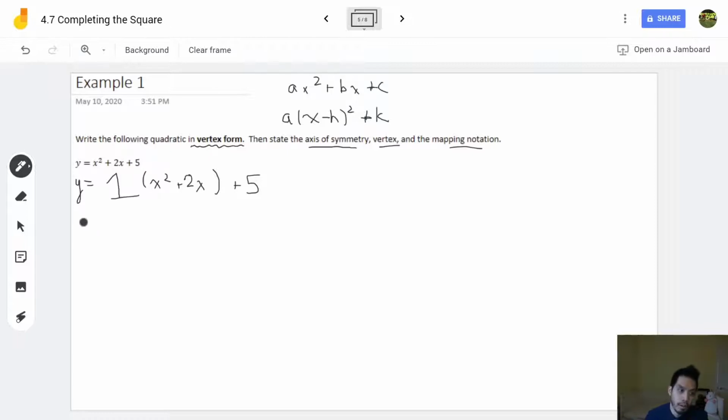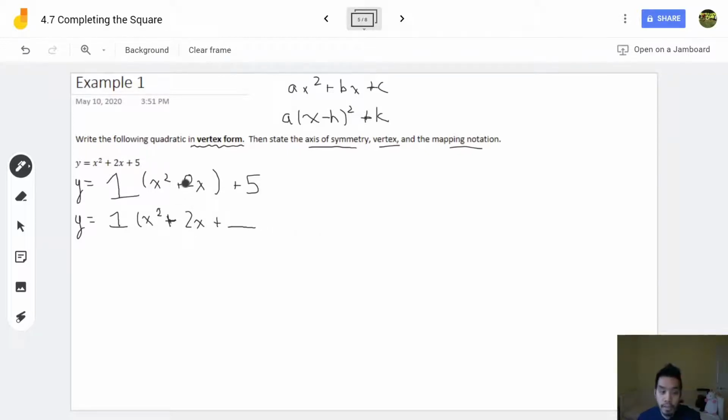So I'm going to create a perfect square trinomial by adding a number here, because right now it's only a binomial. I'm going to have to add a number in order to make it a trinomial.